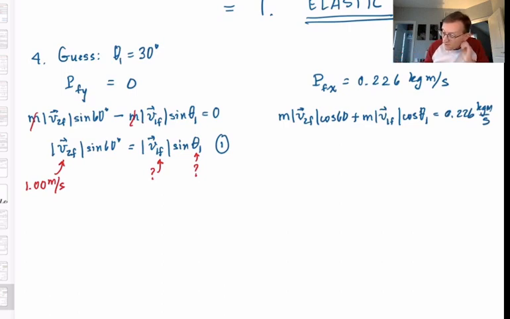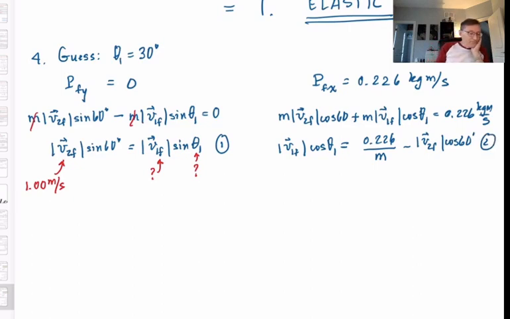Let me divide both sides by m and rearrange so that I get v1 final times cosine theta 1 by itself. I will drop the units here for a moment. I just won't write them. So I have 0.226 over m, watch your algebra here, minus magnitude v2 final cosine 60. That's my second equation.